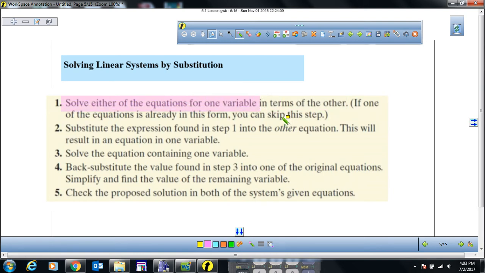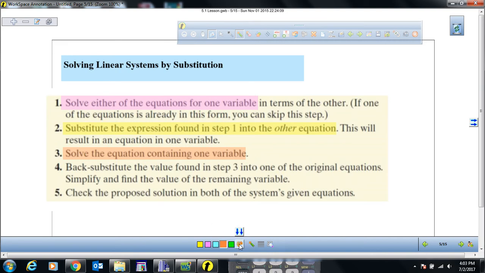Okay? Solve either one of the two equations for one variable. Then after that, whatever that equation equals, you're going to substitute that expression into the other equation. Okay? And once you substitute it, your new equation is going to have only one variable. So with one variable, you're going to solve for it.